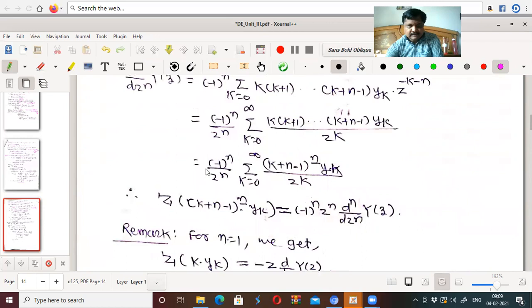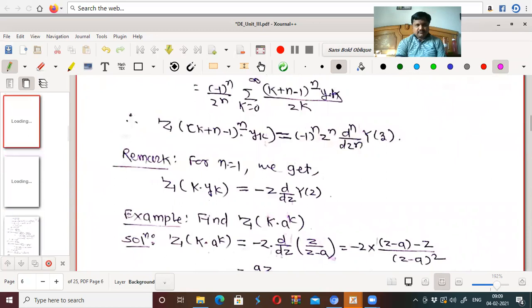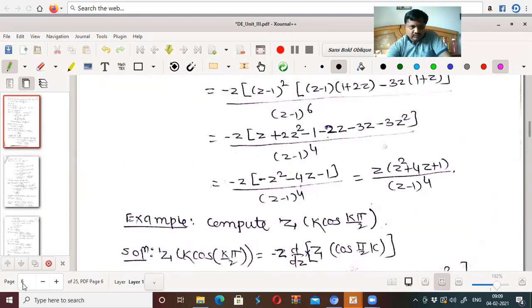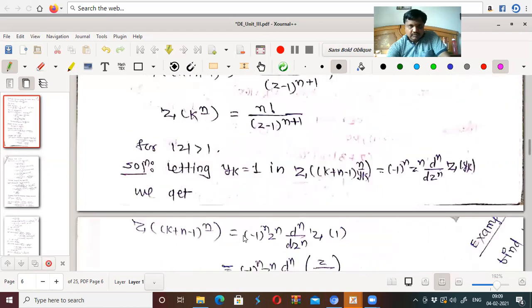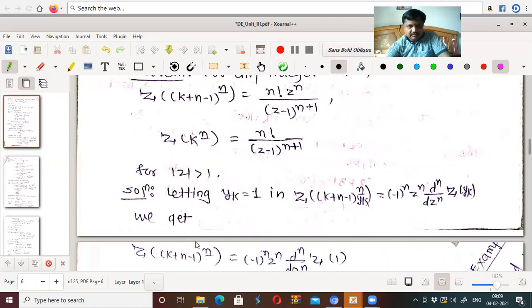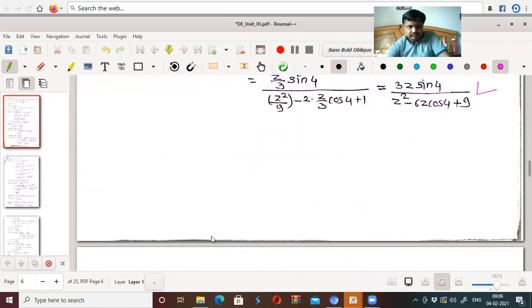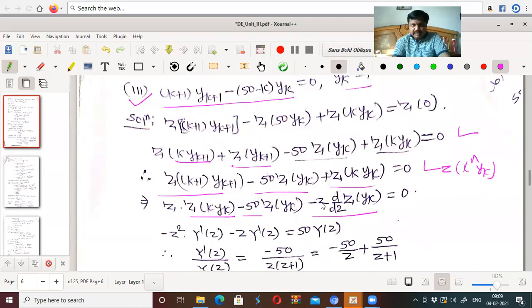Z transform of k into yk is equal to minus z d by dz of Z of yk. That we have taken here. And the second was what? Z transform of yk plus n. So Z transform of k into yk is minus z d by dz of Z of yk, which is equal to 0.